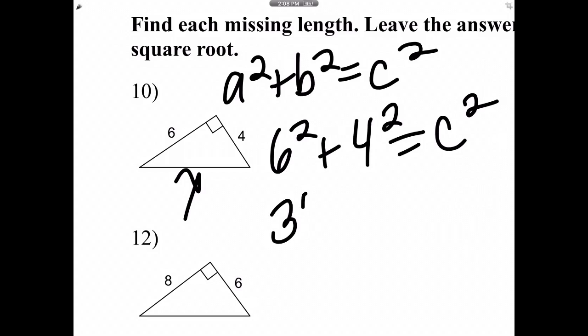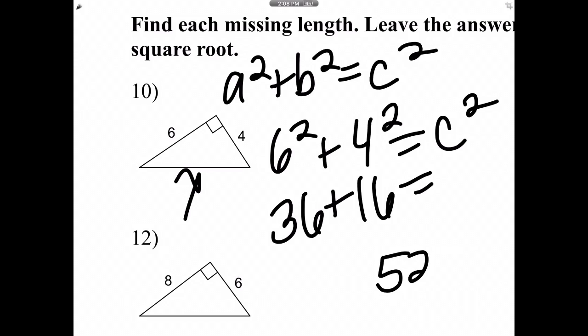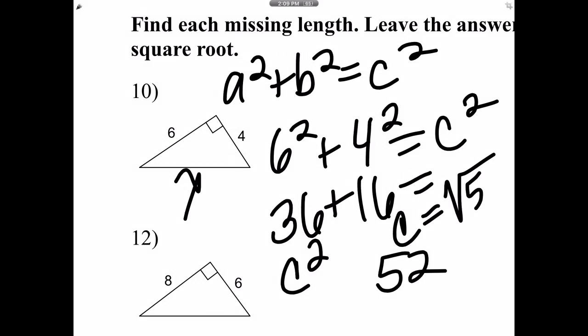So 36 plus 16, and I'm going to go ahead and add that. 36 plus 16, so it's 52. Okay, 52 we cannot take out of a square root box, so how you solve this is you just go c equals the square root of 52.